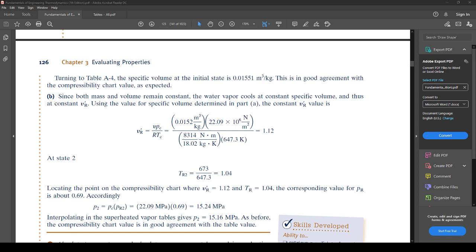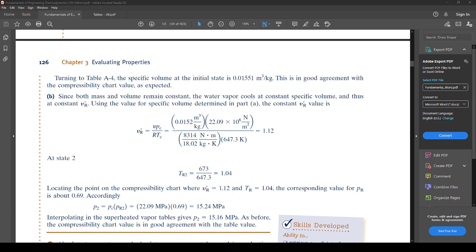And so now that we have our reduced pressure of state 2, you can just redo the equation of this. It's PR is equal to P over PC, right? And since critical pressure is the same for everything, and we know our reduced pressure over here for state 2, you can just solve around and you'll find your pressure for state 2, your actual pressure.